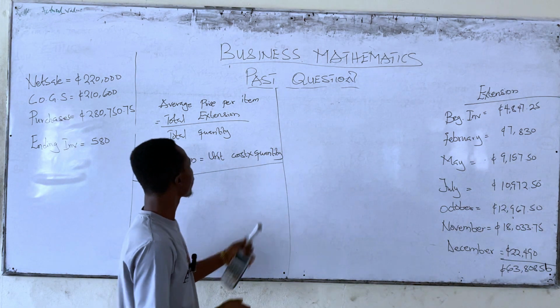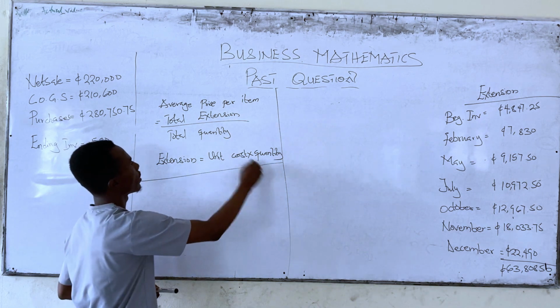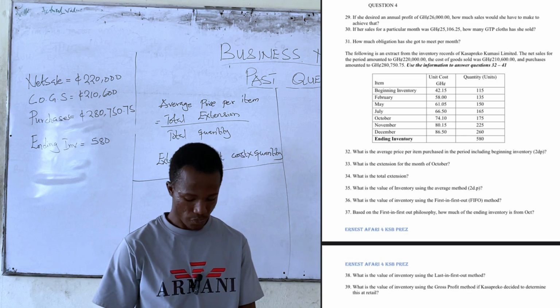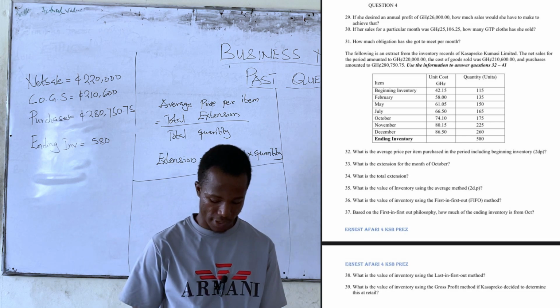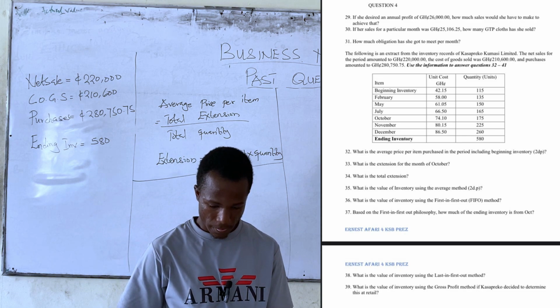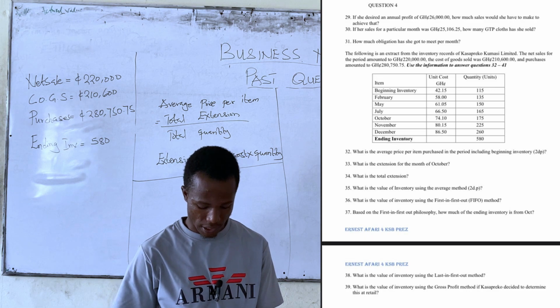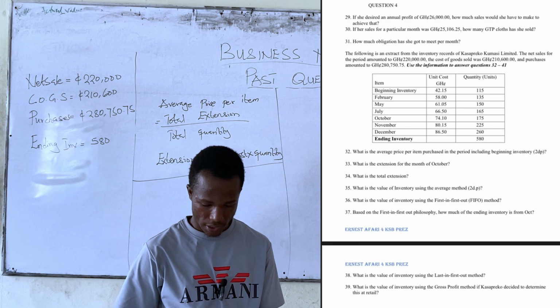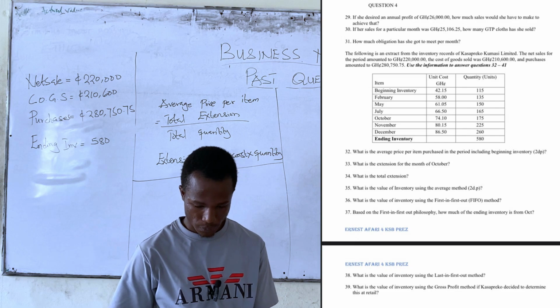Since we have the total extension, let's also calculate the total quantity. From the table, we have 115 plus 135 plus 150 plus 165 plus 175 plus 225 plus 260.